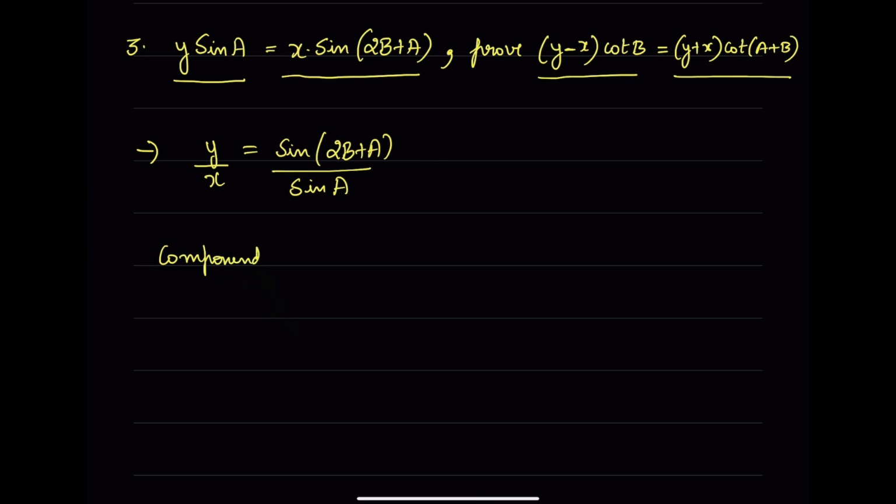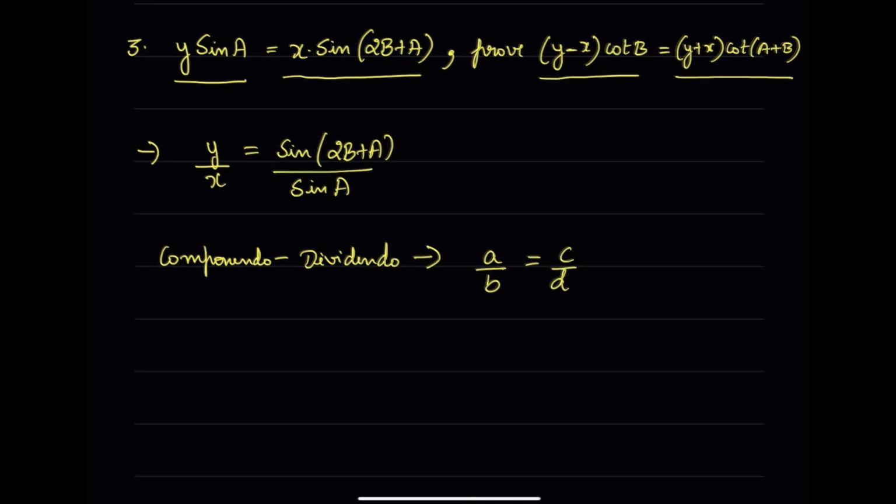Now in the previous questions we have applied a rule of ratio called componendo dividendo. So this is a very important rule of ratio that you can apply, which says that when a by b is equal to c by d, then a minus b by a plus b is equal to c minus d by c plus d. So we are going to apply that here.